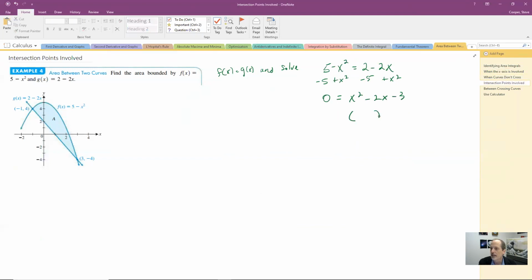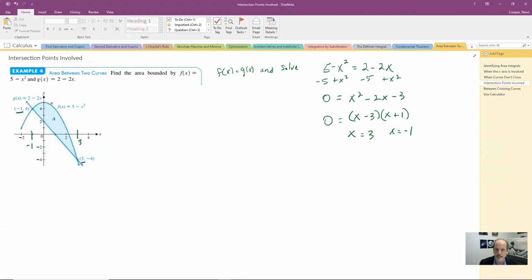So they've made life easy because we can factor this to x minus 3, x plus 1. That tells us that the x's where this is true is when x equals 3 and x equals negative 1. So that's how we got our negative 1 and our 3 as the bounds. That means I need to integrate from negative 1 to 3.